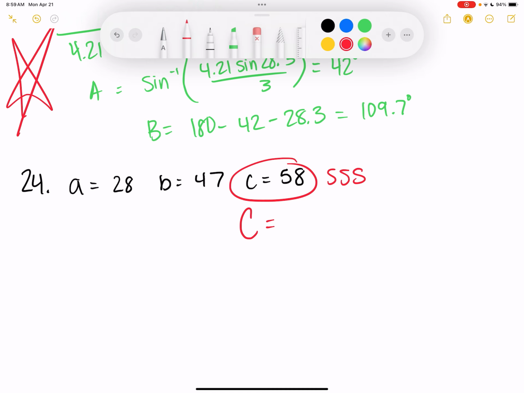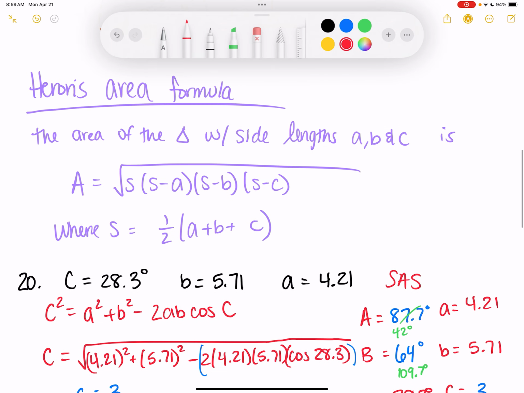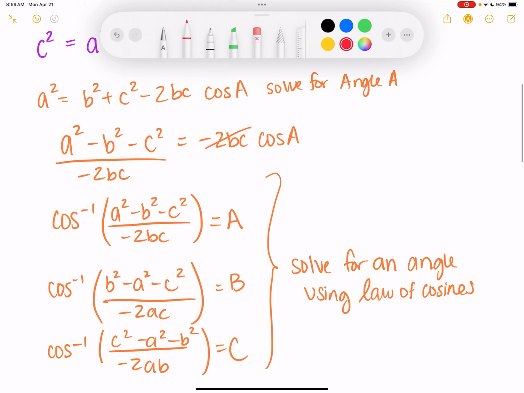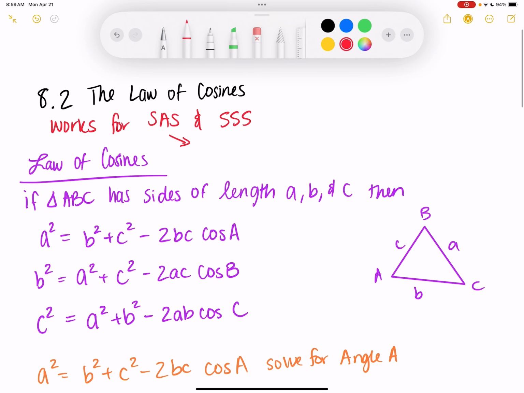So if it's side angle side, I'm going to go back up here and add this. If it's side angle side, find the side, then the smallest remaining angle. If it's side, side, side, find the largest angle first.